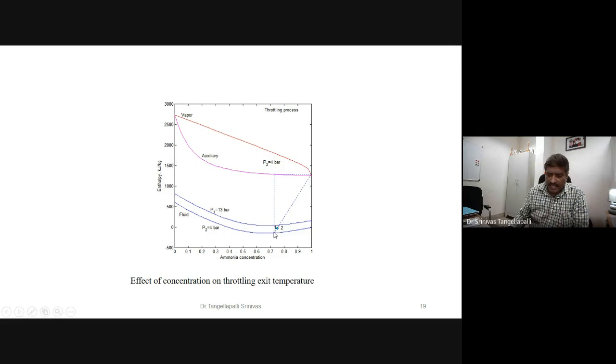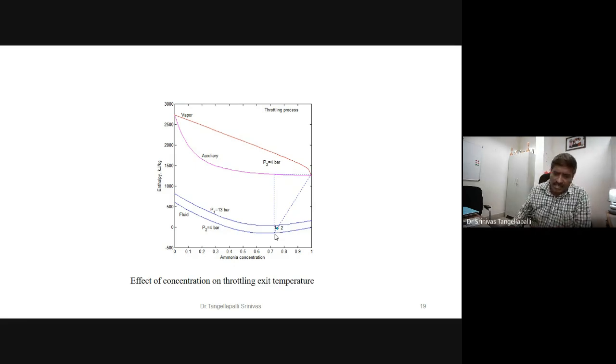Join the initial saturated liquid and saturated vapor. If this line, which is also called an isotherm, is passing through the state, then you may conclude that the temperature is the exit temperature from the throttling process.